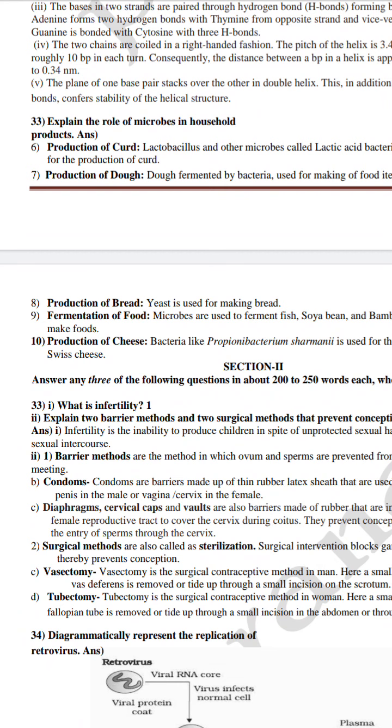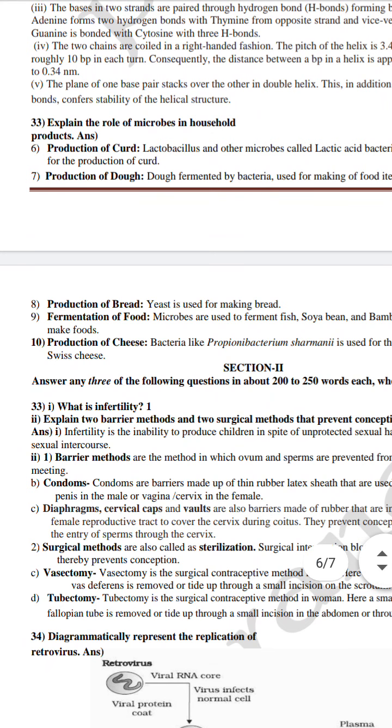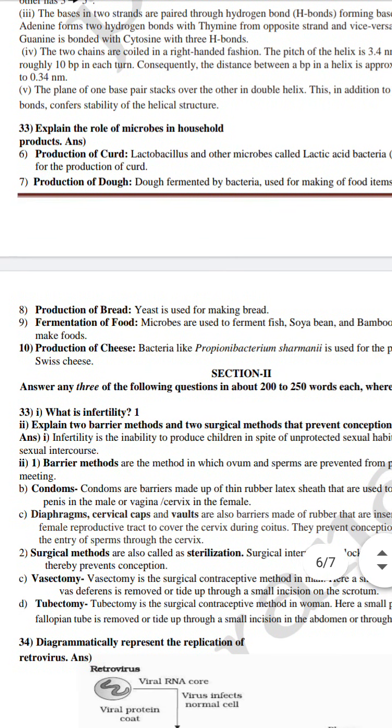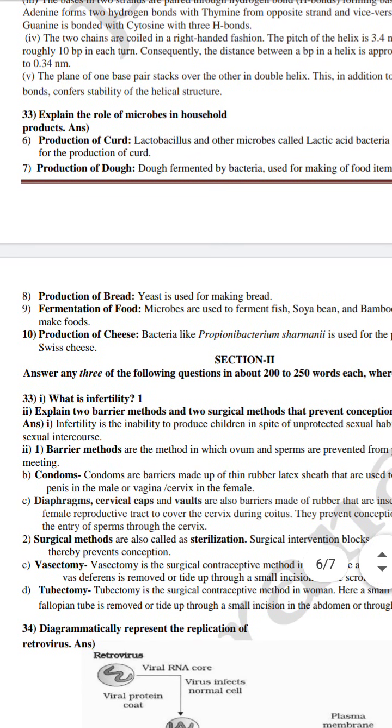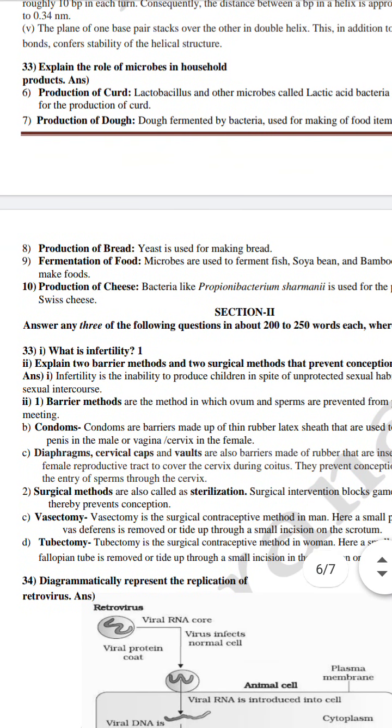So production of curd, production of dough, production of bread, production of other fermented food items, and production of cheese, etc. So write subheadings and explain about each one, and try to see that they should be highlighted with the scientific terms of the microbes and process and everything, so that you will make an impression to get 5 out of 5 marks. So students, this is part D section 1 for 20 marks.